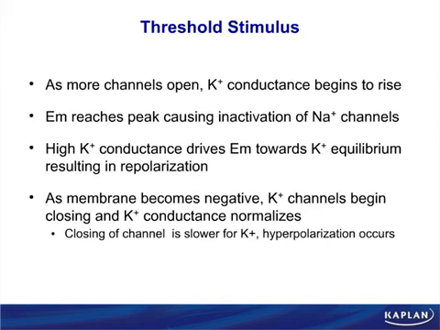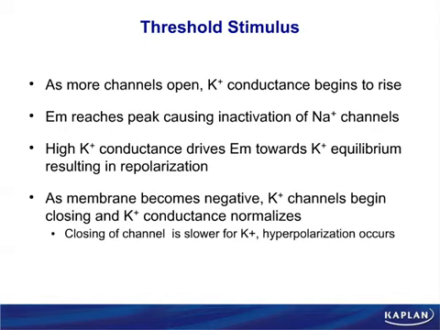Now, as more channels open, potassium conductance continues to rise. So again, the more channels I open, the greater and greater the conductance. The positive membrane potential, as we indicated, inactivates the fast sodium channels. So now sodium conductance falls, potassium conductance is elevated, the leak channels, and on top of that, more importantly, the voltage-gated potassium channels. So what are we going to drive the cell toward?